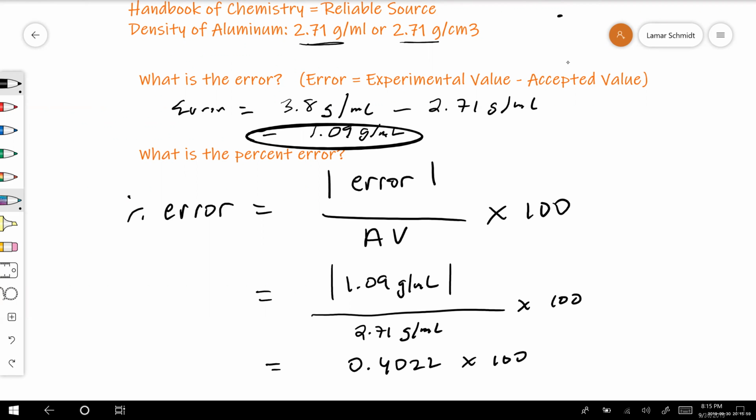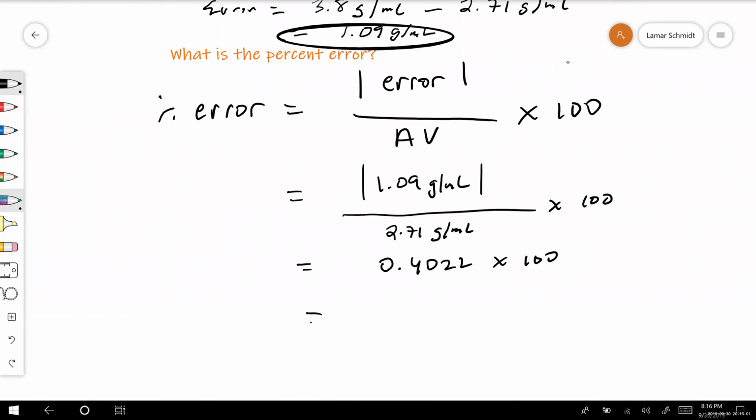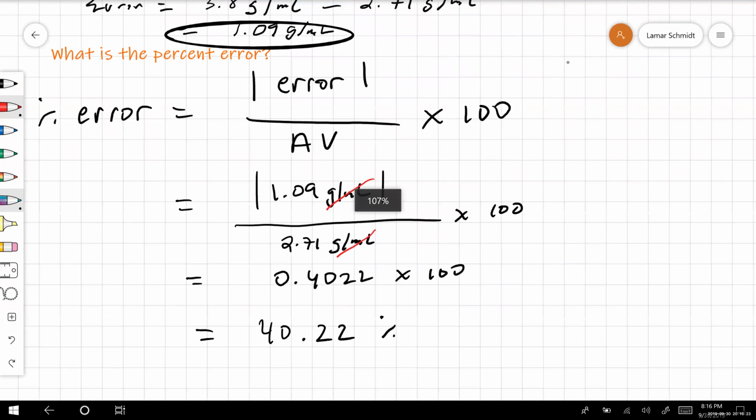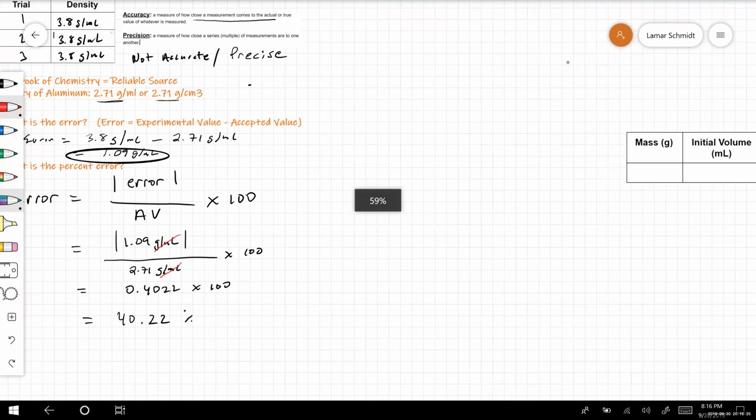If we multiply that out, we should get 40.22%. One thing I want to point out is that these units cancel. Grams per milliliter divided by grams per milliliter, they cancel. That's why you're only left with percentage as your answer. And so that should help you out quite a bit.